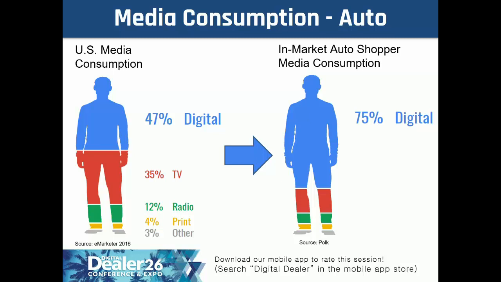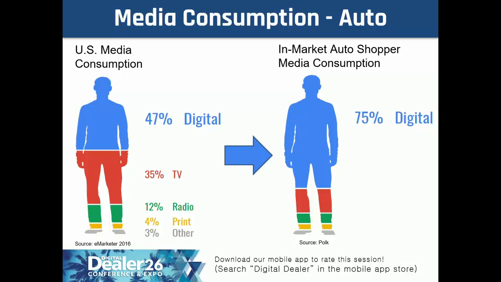And first of all, people who are in market for a car by default, just because of their age, are more likely to spend more time online, which makes sense because if you're 80 years old and don't need a car, just the way demographics work right now, you're not spending as much time online. But people who are in market for auto just by default spend more time on digital.